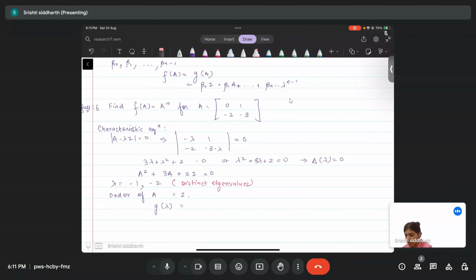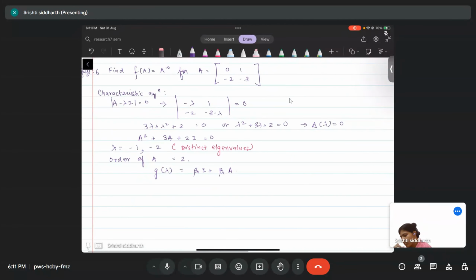It is going to have beta 0 I plus beta 1 A. We have to calculate f of A, which is exactly g of A. f of lambda is just lambda to the 10, and this is equal to beta 0 times identity plus beta 1 times A. So the goal is to find the coefficients beta 0 and beta 1.